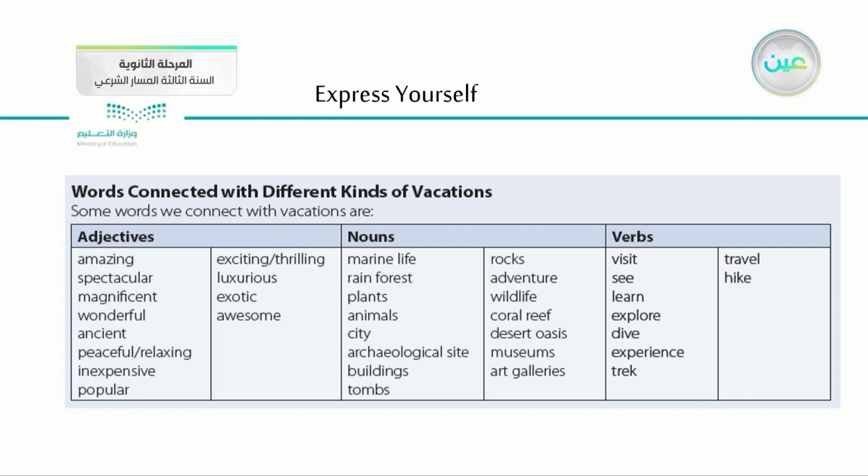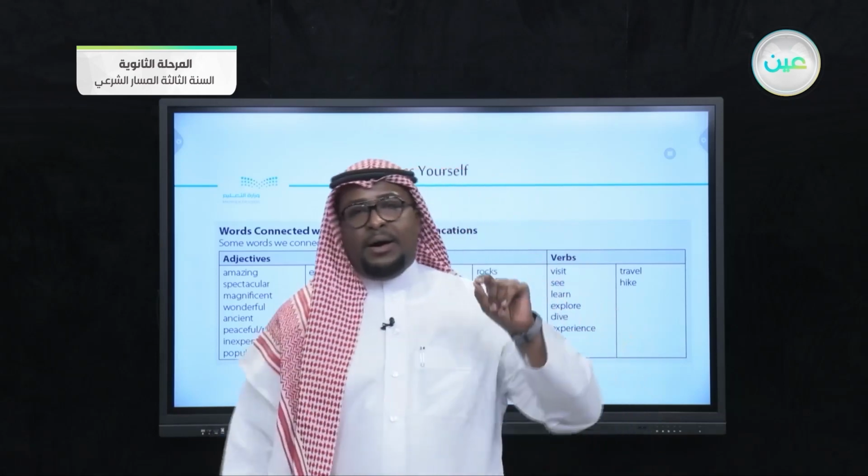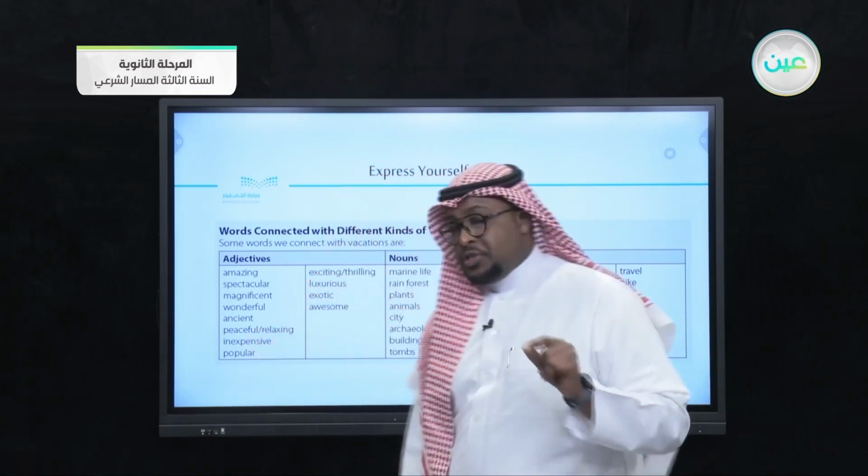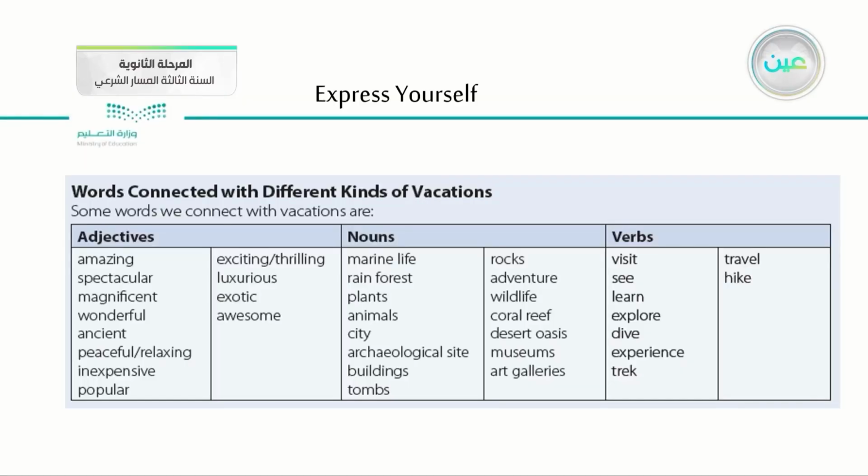Of course, here we have the words amazing, spectacular, magnificent, wonderful, ancient, peaceful, relaxing, inexpensive, popular. I'd like you guys to go over them and try to find the meaning of each one of them in your dictionaries, which is very important. Of course, here we have exciting, thrilling, luxurious, exotic, awesome.